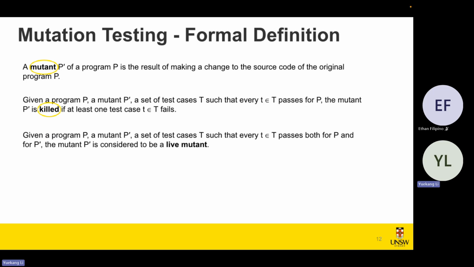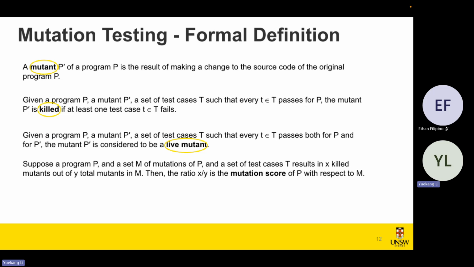And for any mutant that is able to pass all the test cases we have, that mutant is considered a live mutant, which means that it survives the killing from the test cases.